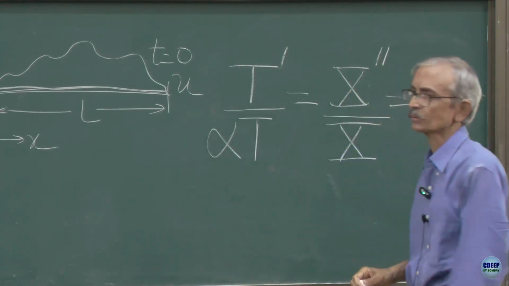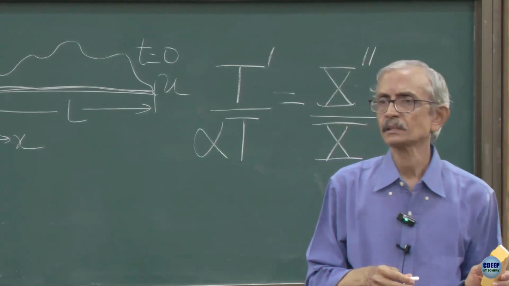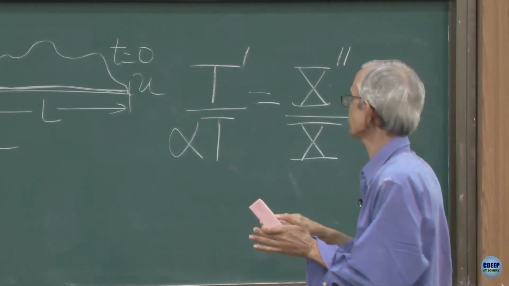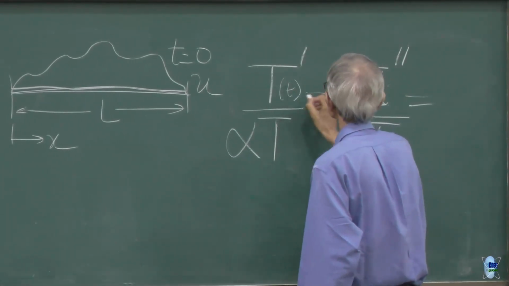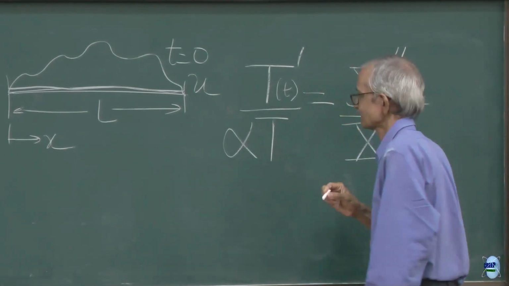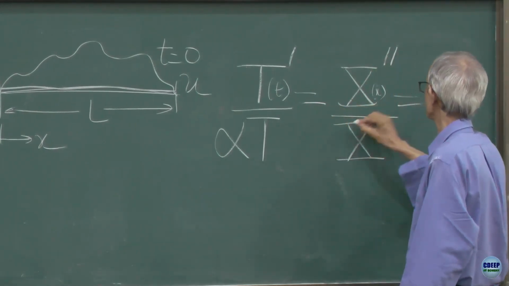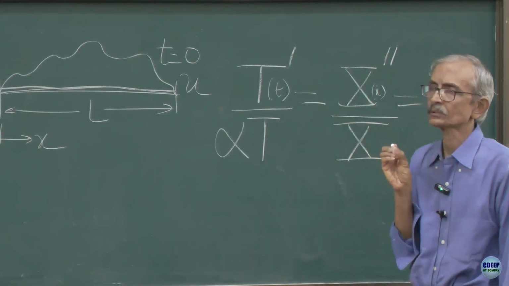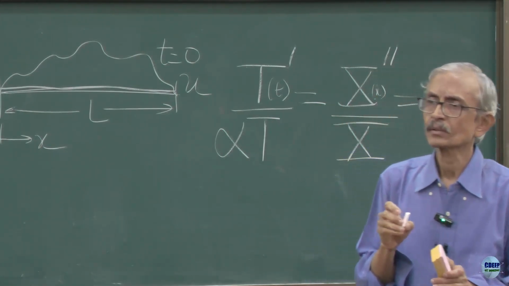What can this be equal to? T prime upon T is equal to X double prime upon X. This guy is a function of t only. This guy is a function of x only. So if at all these two guys are equal, what can they be equal to? They can only be equal to a constant.